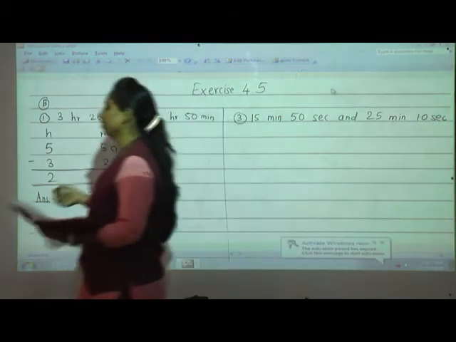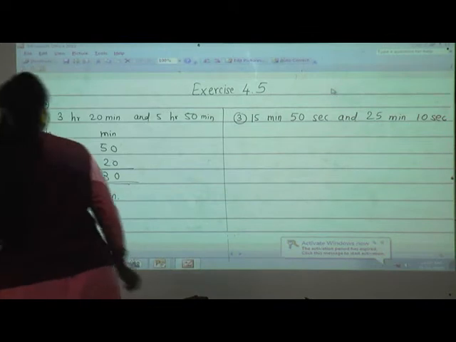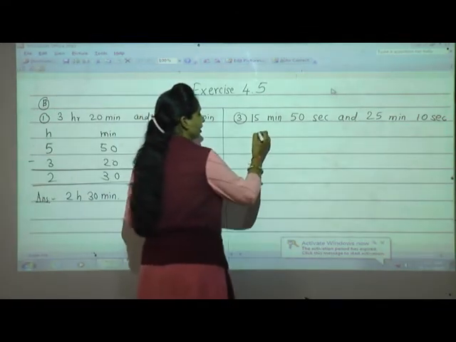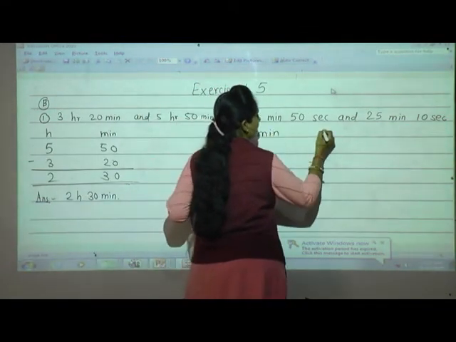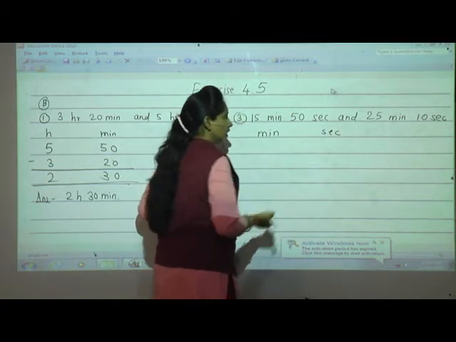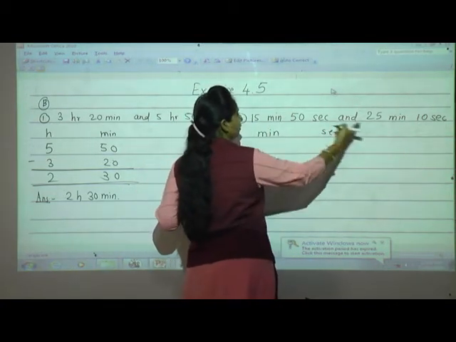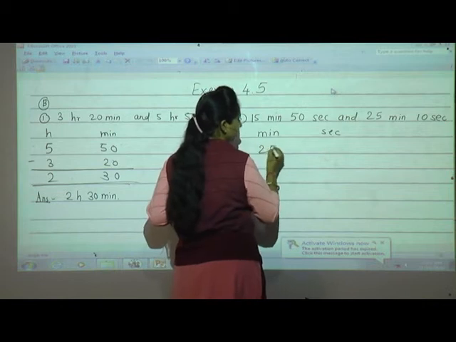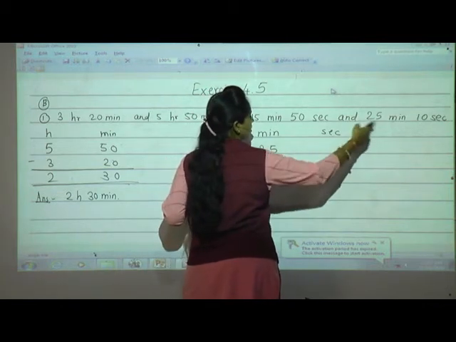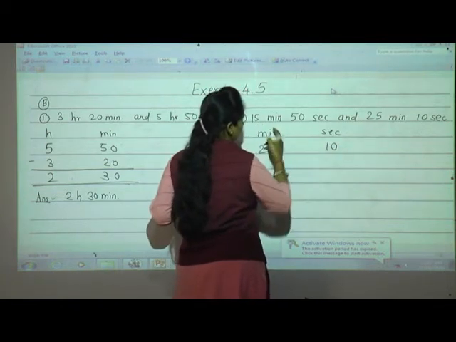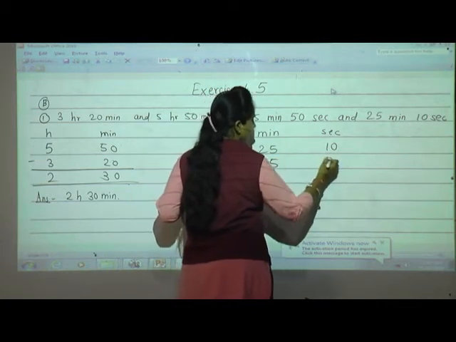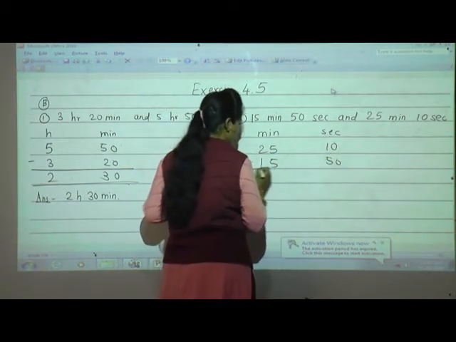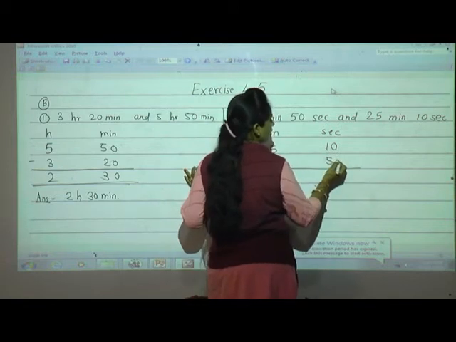See which is greater, 15 minutes or 25 minutes? First write minutes and seconds. Okay, then which is greater, 15 or 25? Of course 25. 25 minutes 10 seconds and 15 minutes 50 seconds. Give the subtraction symbol and do the subtraction.